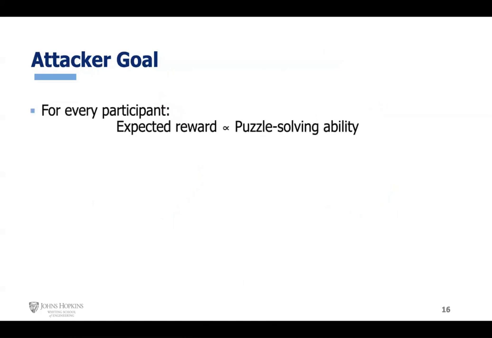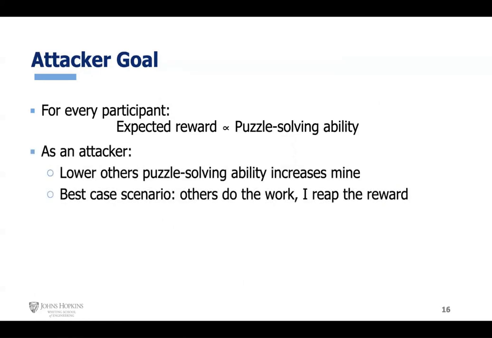So what are the attacker goals here? For every participant, usually the expected reward is proportional to their puzzle solving ability. If you're an attacker, you want to lower other people's puzzle solving ability so that your proportional ability goes up.